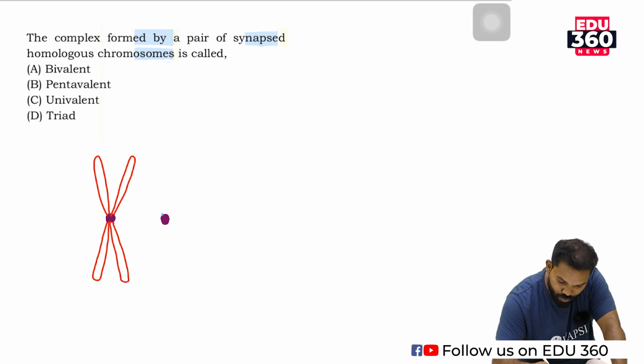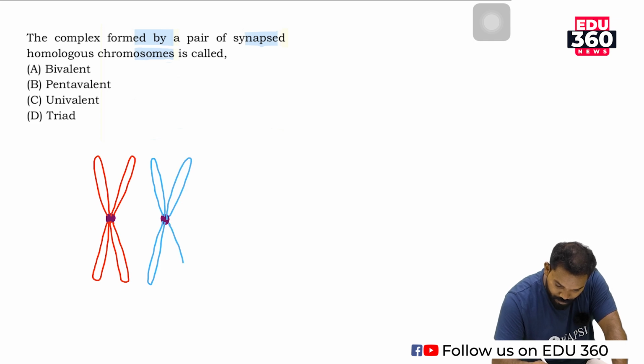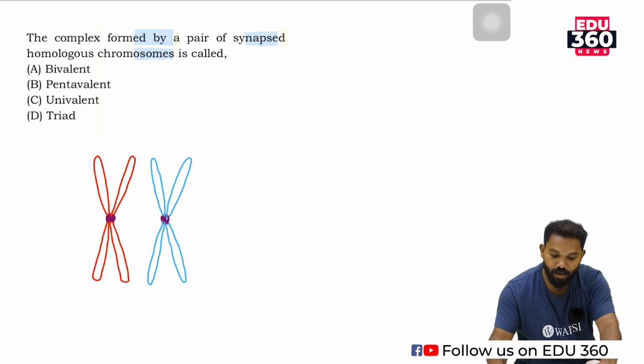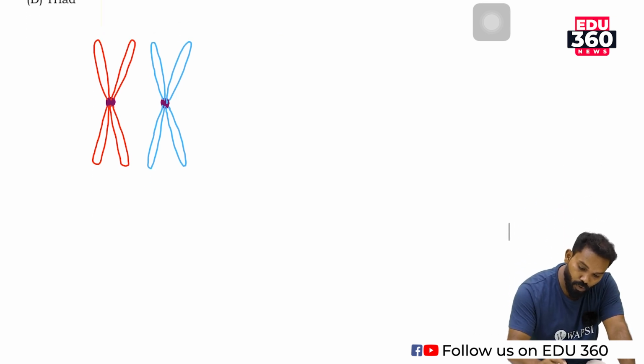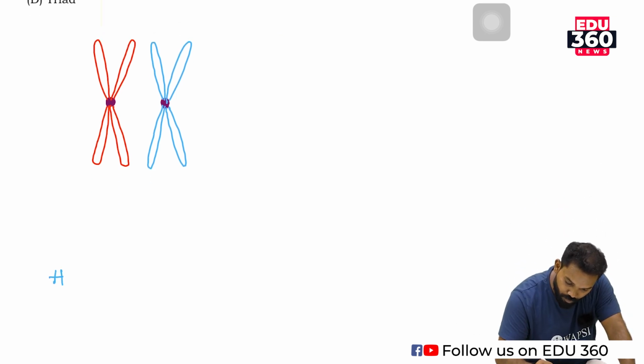So here are 2 chromosomes. These 2 chromosomes are homologous chromosomes. What is a homologous chromosome?